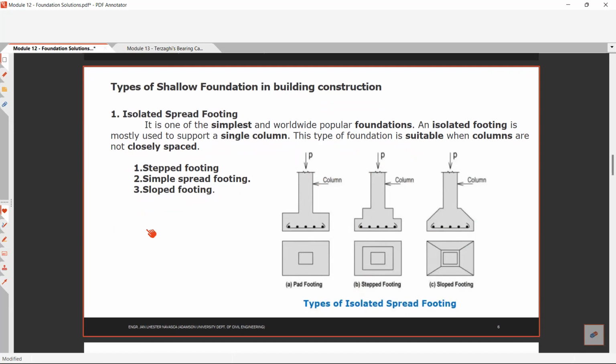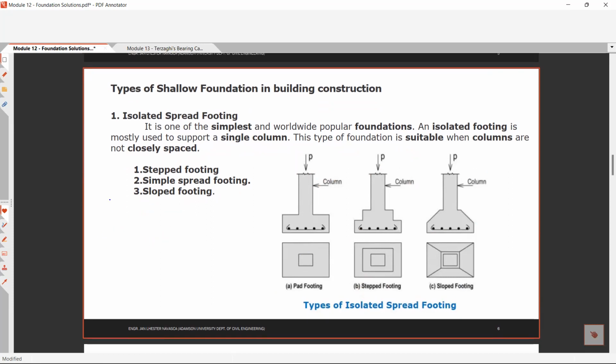So the question is, why do designers use this step and slope footing? As you can see, in the step footing and slope footing, the thickness of the foundation near the column is much larger than the thickness of the foundation at the edge.